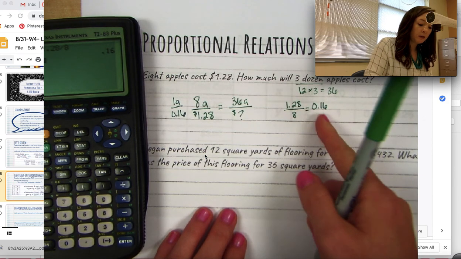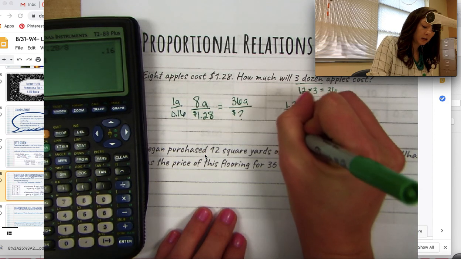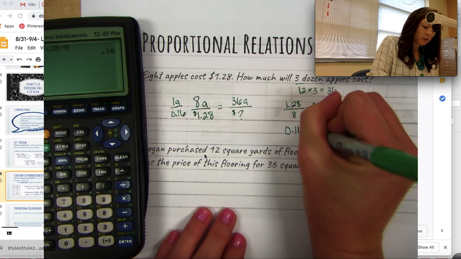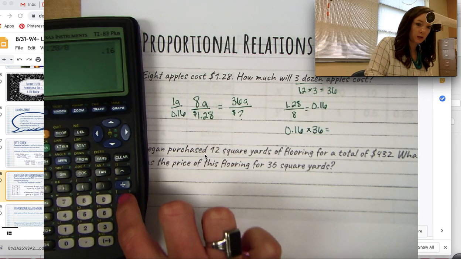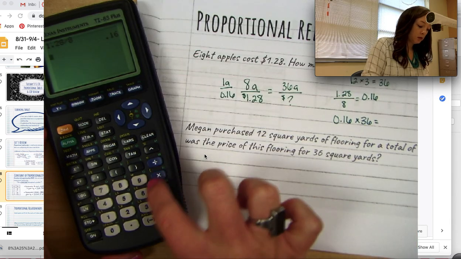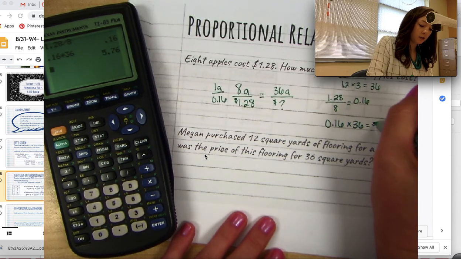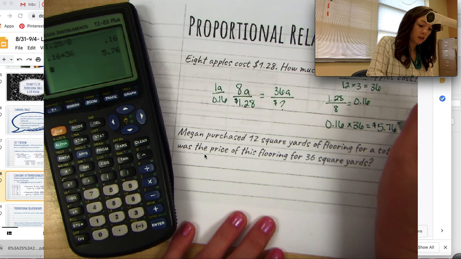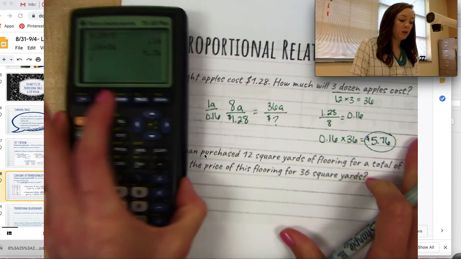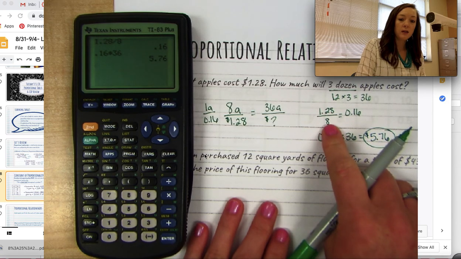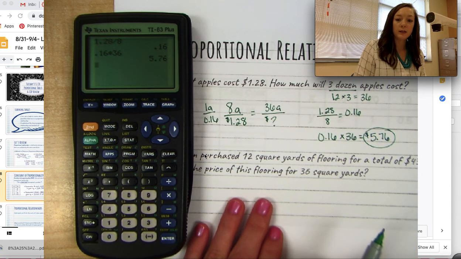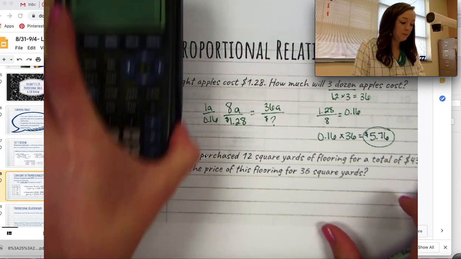Now I'm going to take that 16 cents for 1 apple and multiply it by 36. So I'm just going to do 0.16 times 36, and I get $5.76. So even though you're using a calculator on your quiz today, make sure you still write out how you get that answer. That way I'll know, okay?